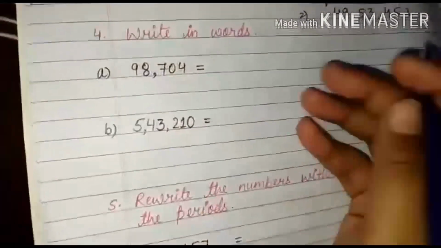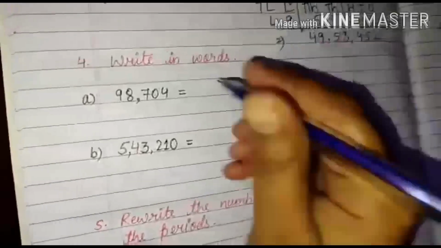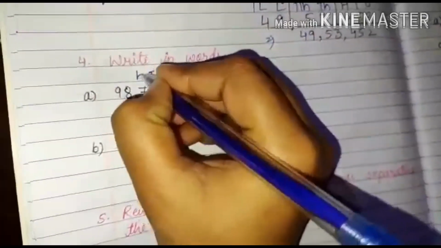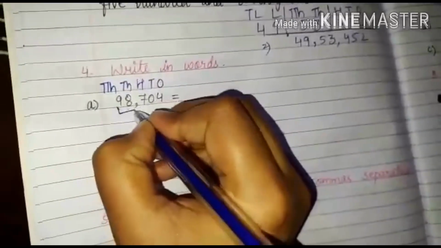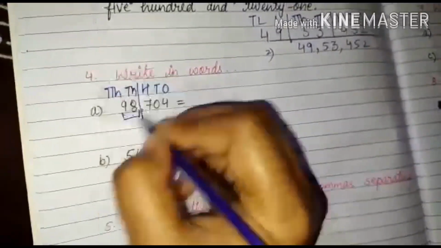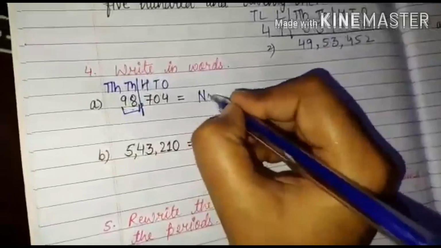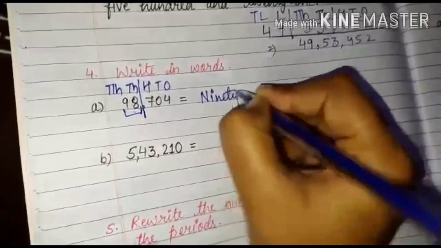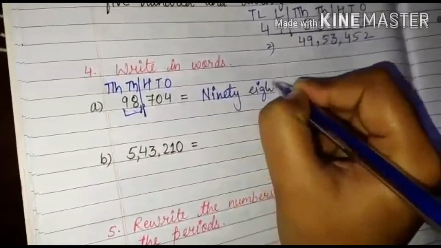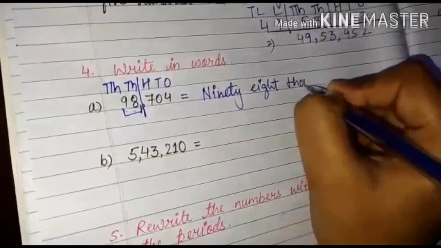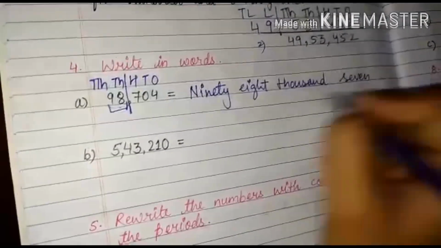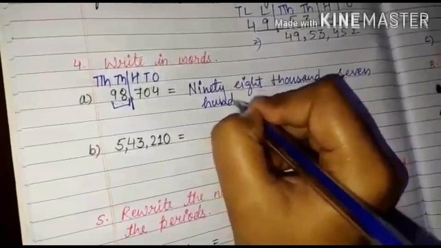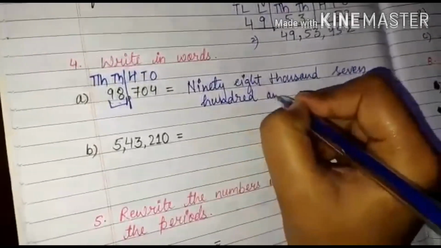Now to write in words is the same easy method. Ones, tens, 100, 1000, 10,000. So it will be 98,000 and it goes with the thousand period. I will write 98,704.